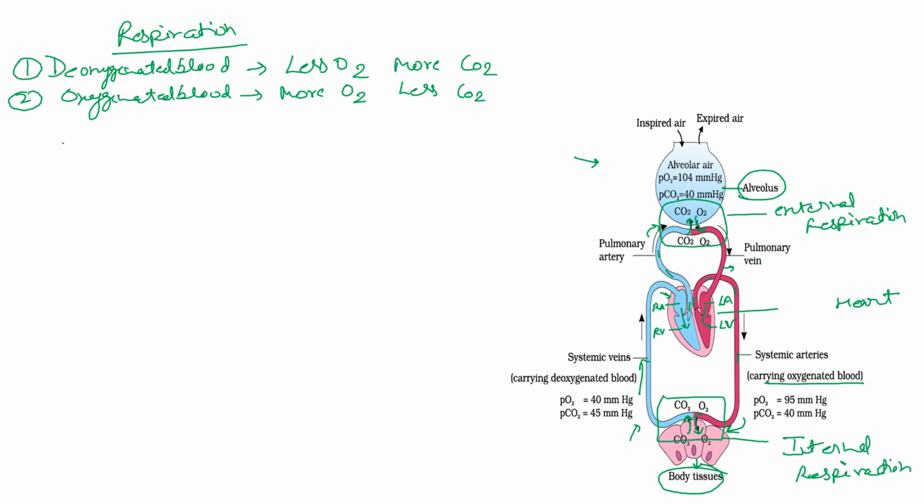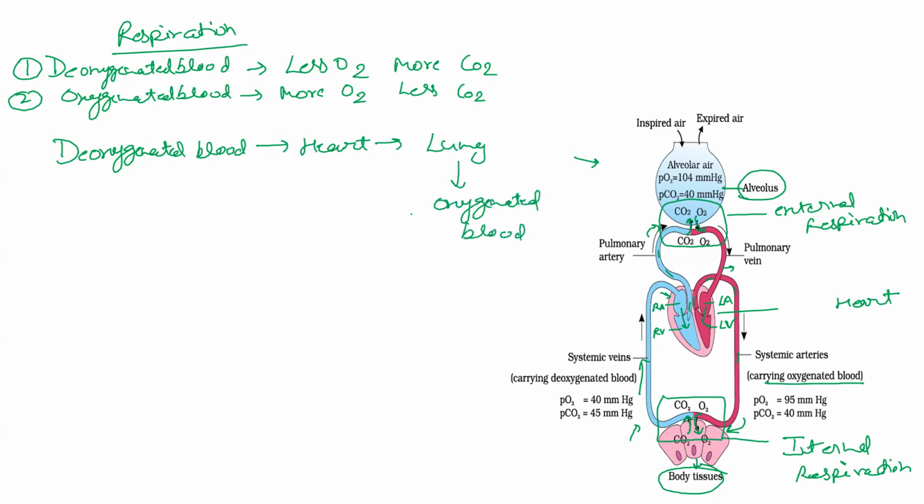So what is the sequence? Deoxygenated blood goes to the heart, then lung, then it becomes oxygenated, comes back to the heart and then goes to the body tissue, and again it becomes deoxygenated.